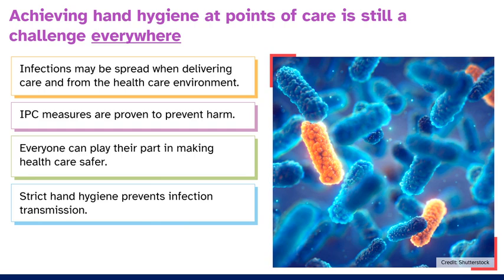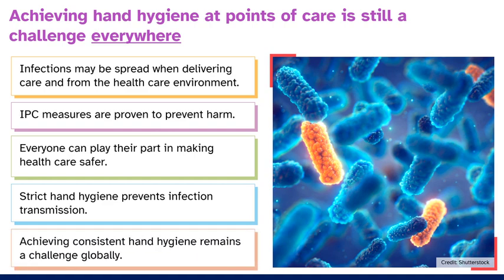Strict hand hygiene standards prevent infection transmission, as touching patients and surfaces can contaminate hands, turning them into vectors for transmitting harmful microbes. Achieving consistent hand hygiene remains a challenge globally. You'll explore why and what can be done.